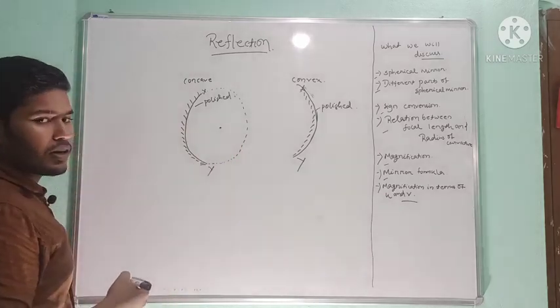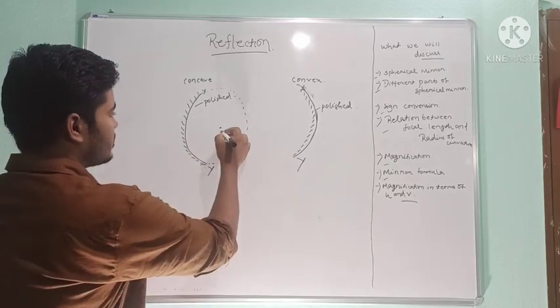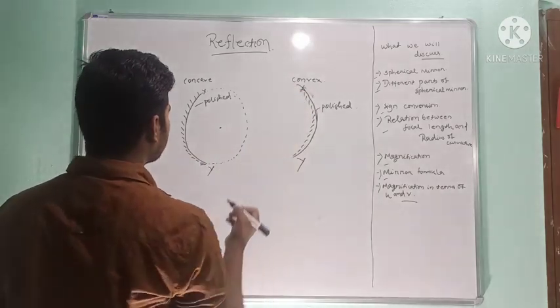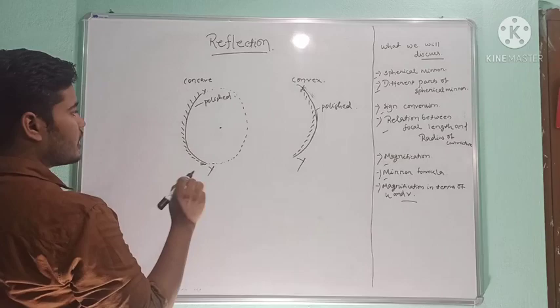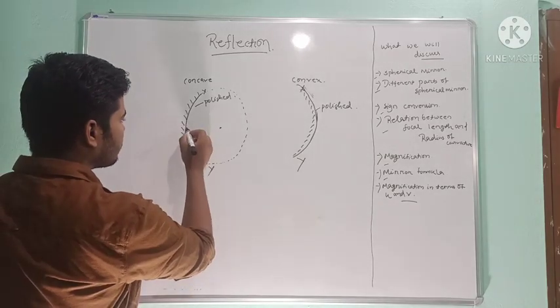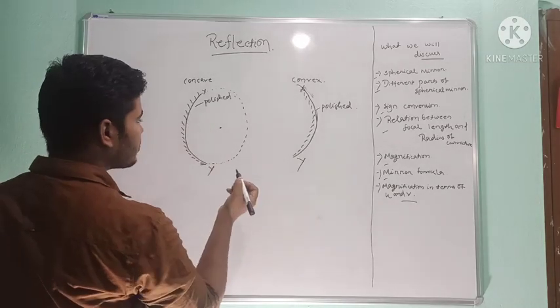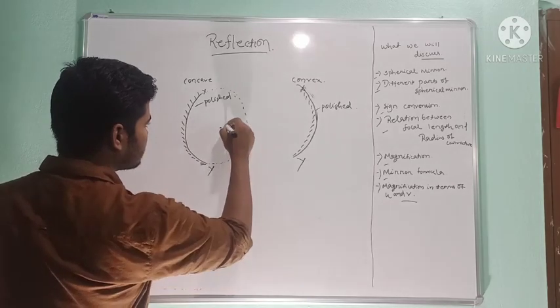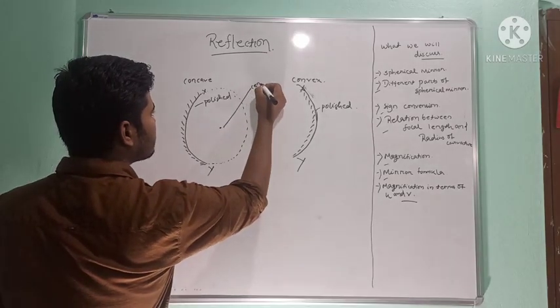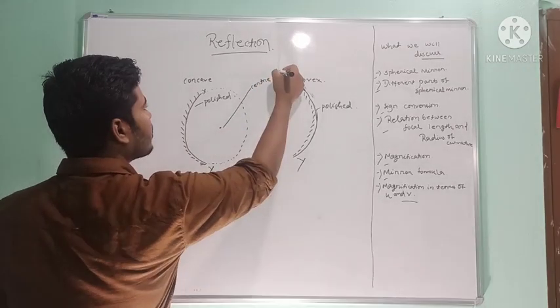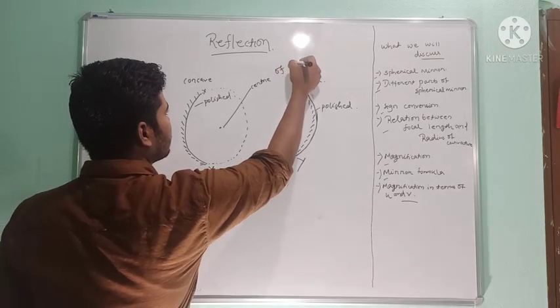So this is called the center of curvature in both the cases. Next, radius of curvature.